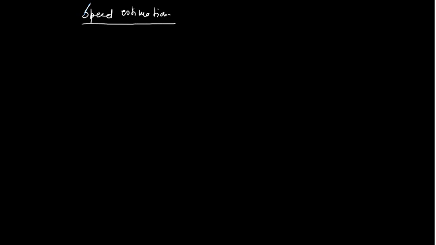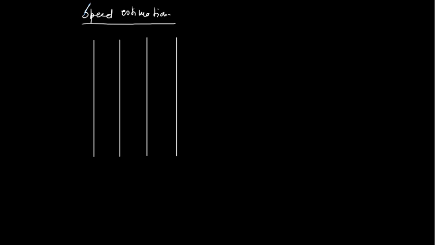Speed estimation. So you remember that we were having Hall sensors. Let me draw 6 lines: 1, 2, 3, 4, 5, and this is 6.